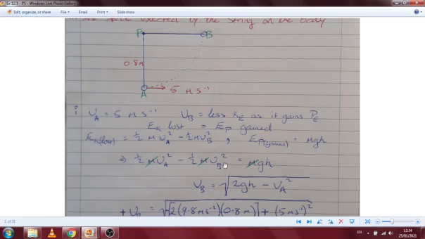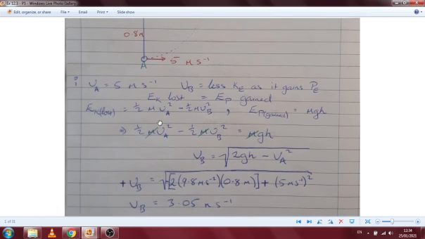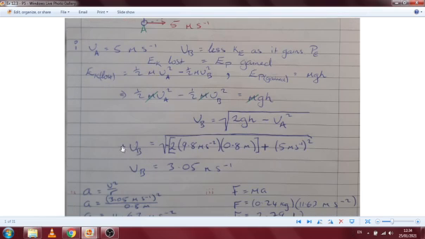We're trying to find the velocity at B, so we bring the velocity at A over as a minus, change our signs and take the square root. Going through the algebra, we get the velocity at B is equal to 3.05 meters per second.